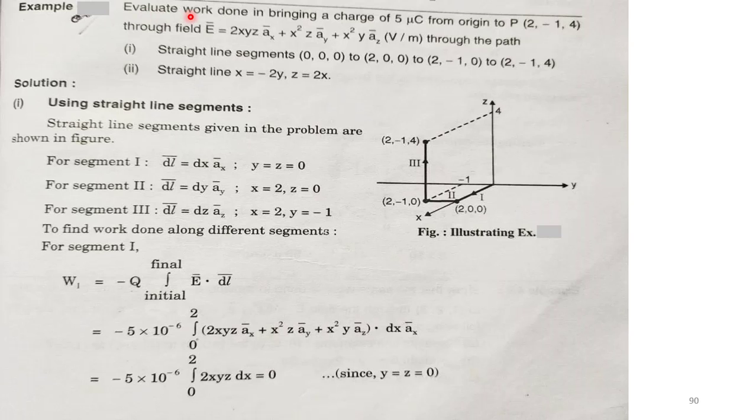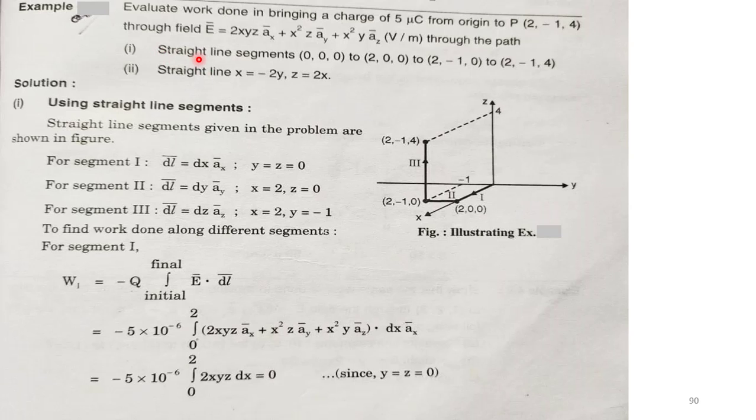It is asked to find the work done in bringing a point charge of 5 microcoulomb from origin to the point P having coordinate (2, -1, 4) through the electric field intensity 2xyz ax bar plus x square z ay bar plus x square y az bar volt per meter through the path.